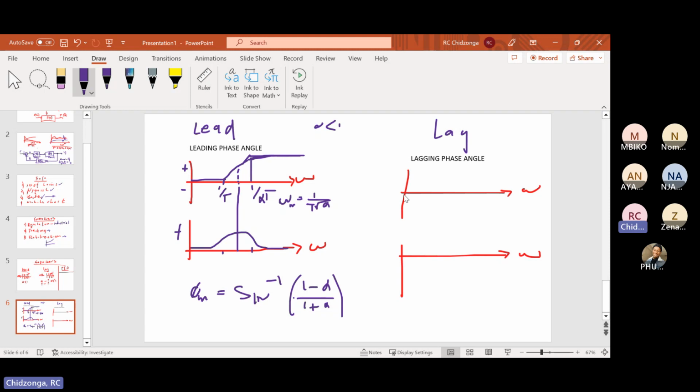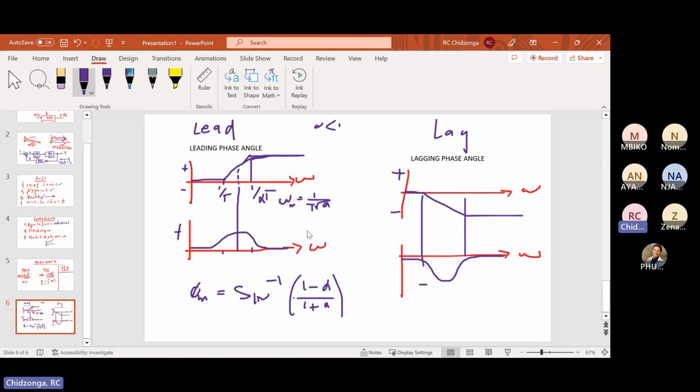The lag controller will do this, like that. This is positive, this is negative. And these points remain the same, but the curve happens on the negative side. Right? The maximum angle is still given by that.